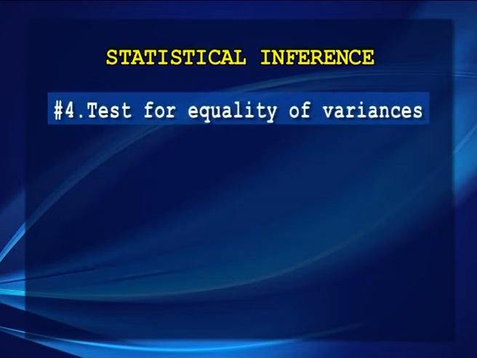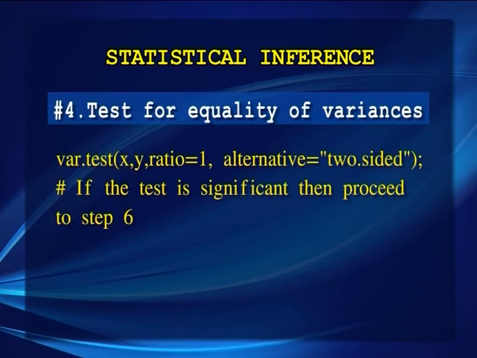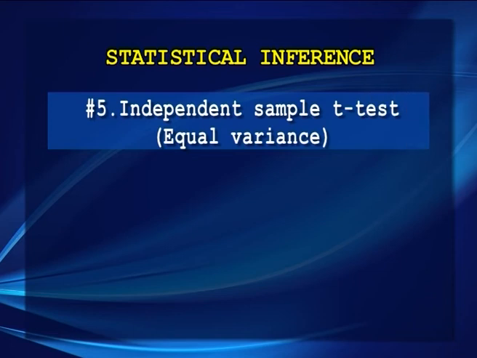So the fourth step is test for equality of variances. var.test(x, y, ratio=1, alternative="two.sided"); If the test is significant, then proceed to step 6. Next is step 5.